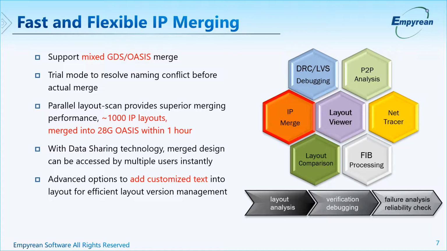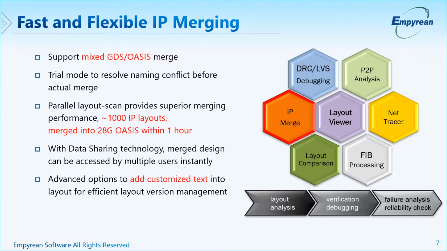Because of data sharing technology, other users can access the merged design immediately without having to wait for the merged design to be written out and loaded back into a server again. Skipper has another very convenient feature to let you add any text info to the merged layout file.